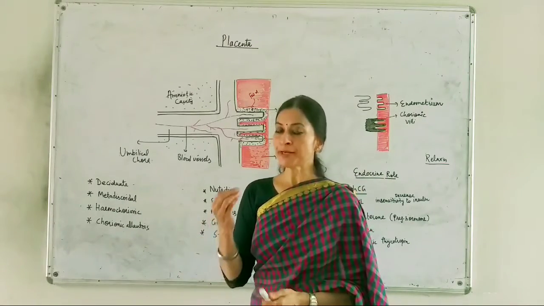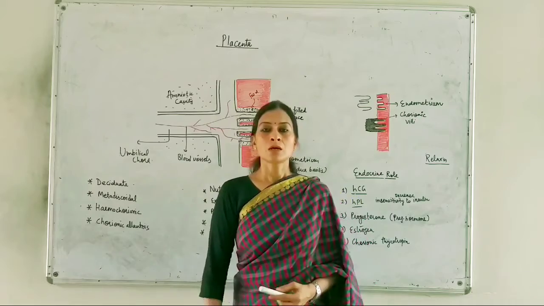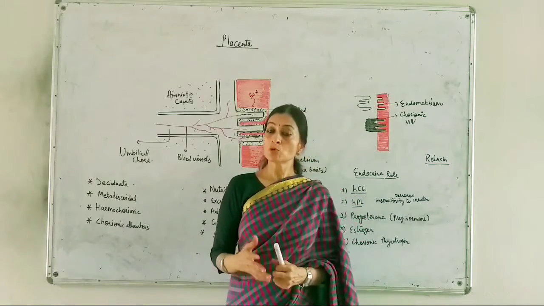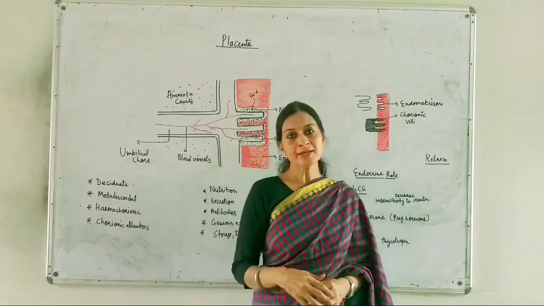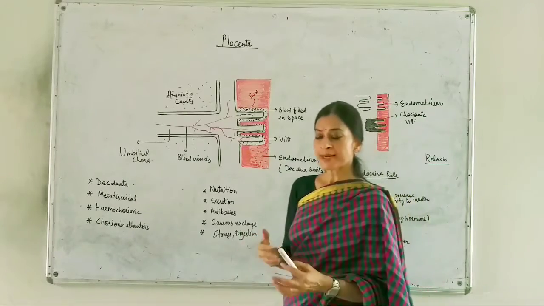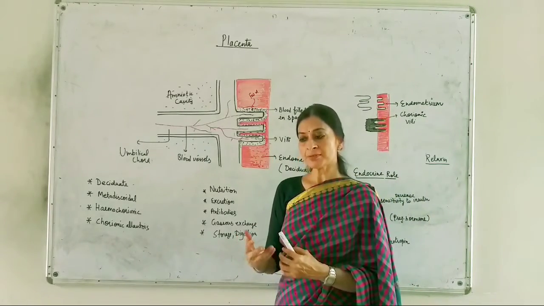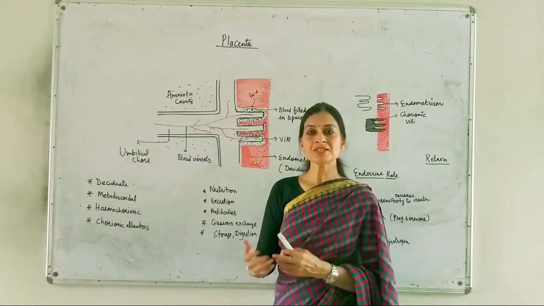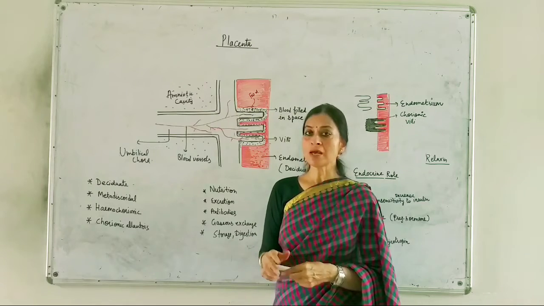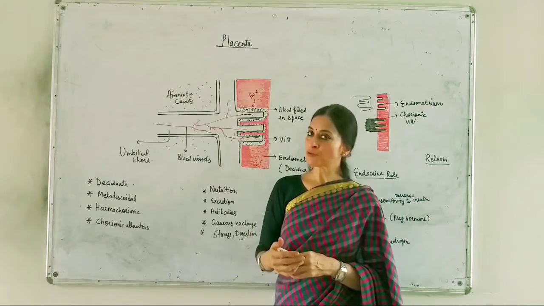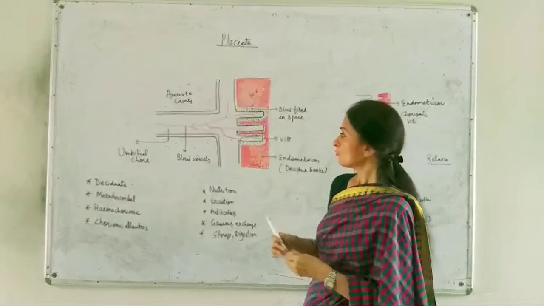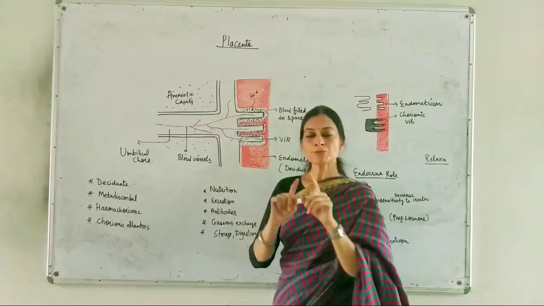Now come to the very important part of this lecture, that is the role of placenta. Placenta is actually a sort of bridge between fetus and mother that helps in exchange of various types of material. So we can assign two types of functions.